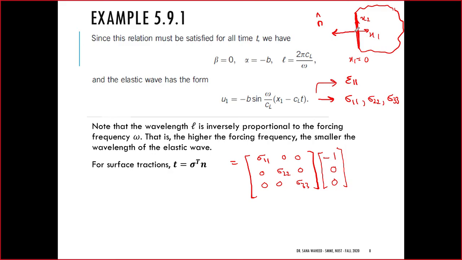It's going in the minus x1 direction. So my traction vector turns out to be minus sigma 11, 0, 0. I've just multiplied these two together to get this.